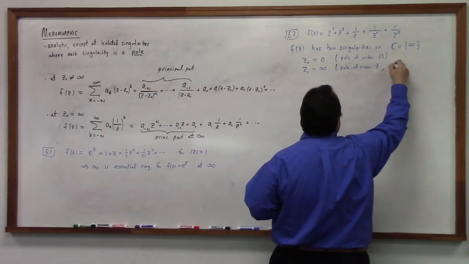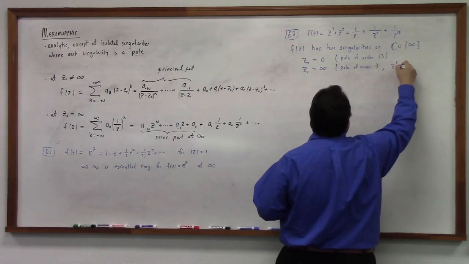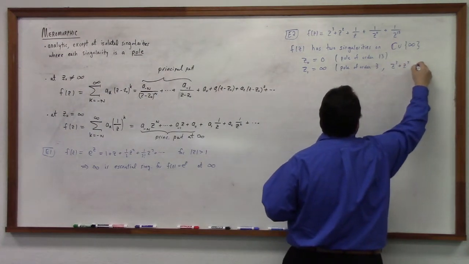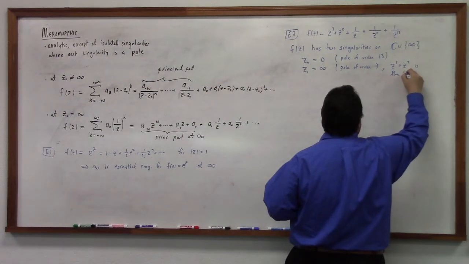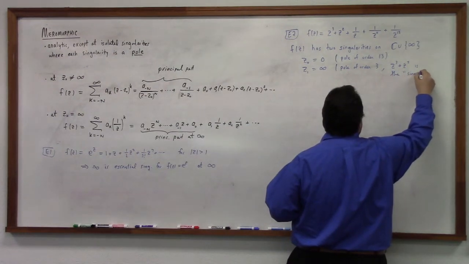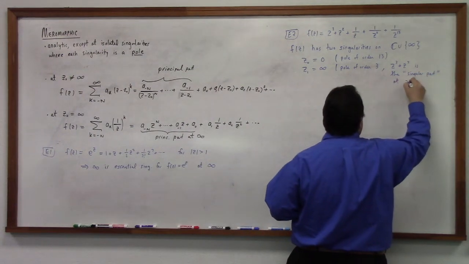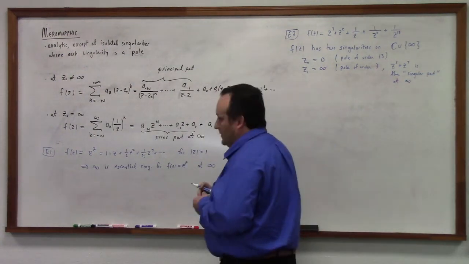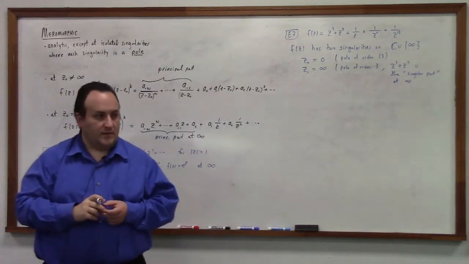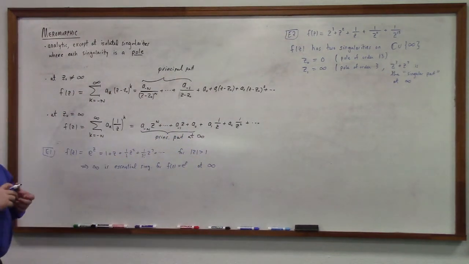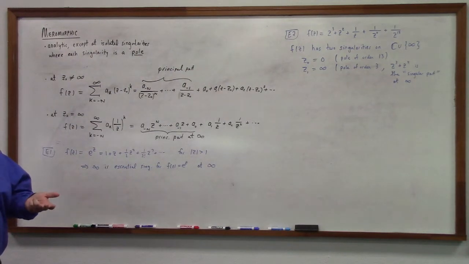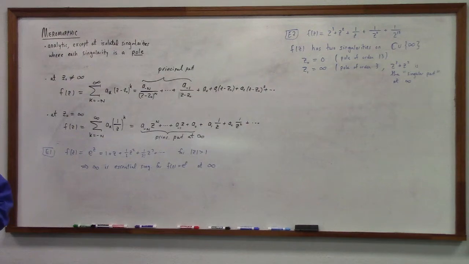So like z cubed plus z squared is the singular part at infinity, all right? So this function has two isolated singularities, both of which are poles. So this function is meromorphic on the extended complex plane.